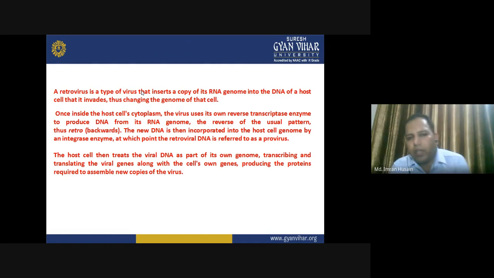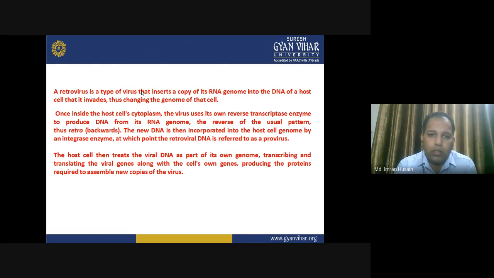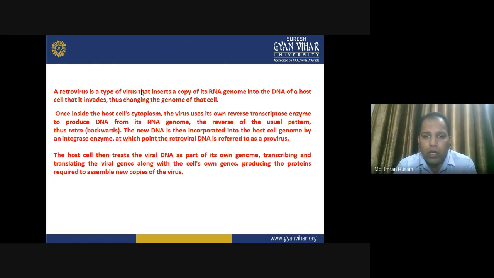So a retrovirus is a type of virus that inserts a copy of its RNA genome into the DNA of a host cell that it invades, thus changing the genome of that cell. Once inside the host cell cytoplasm, the virus uses its own reverse transcriptase enzyme to produce DNA from its RNA genome, the reverse of the usual pattern, thus called retro.